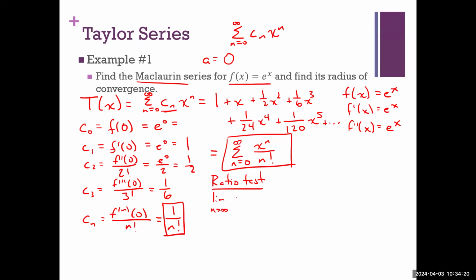Of what? Yep, so some term divided by the term before it in general. So what does that look like for us? Okay, so you're already breaking it down. n plus 1 times n factorial.